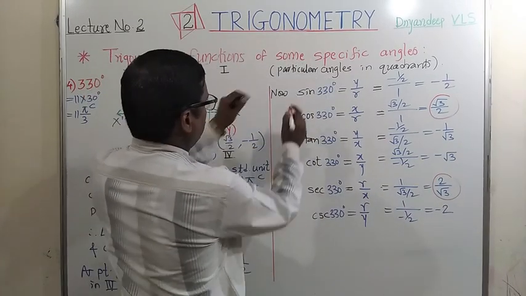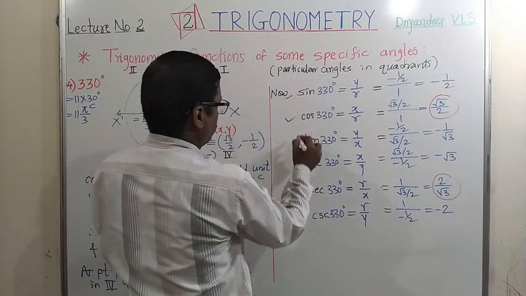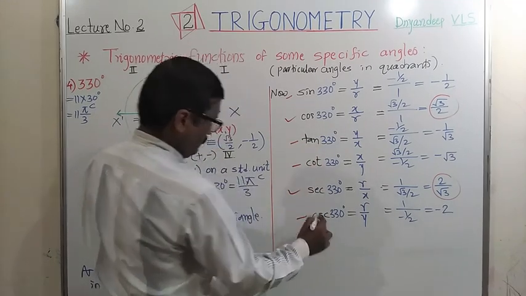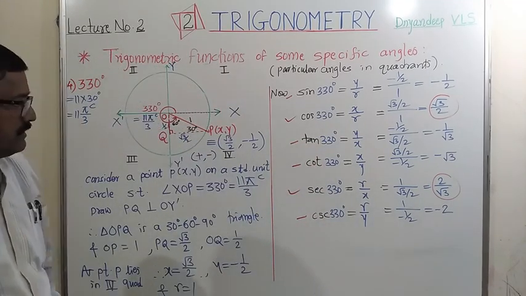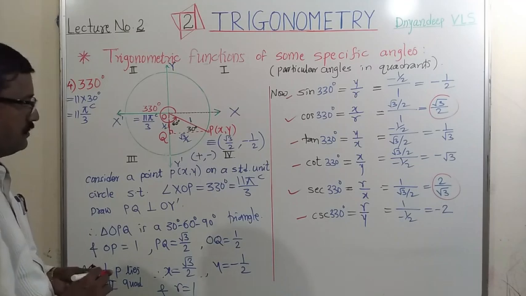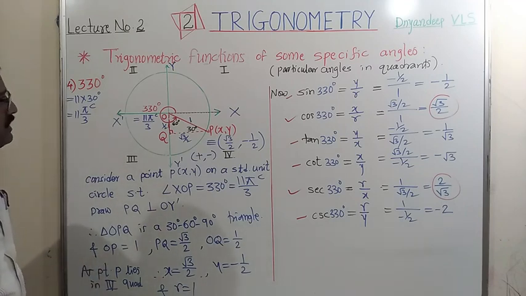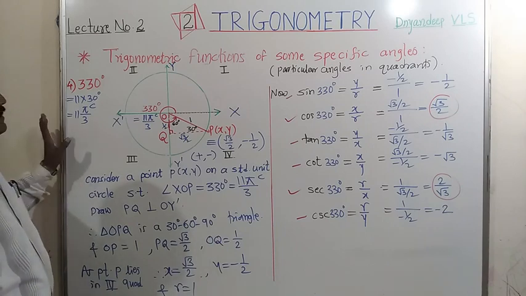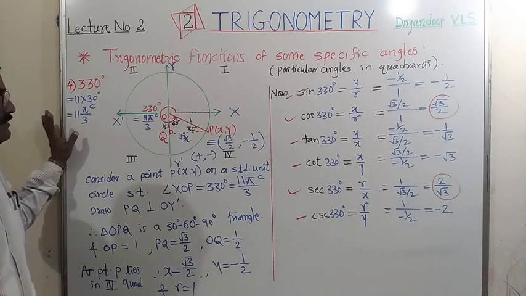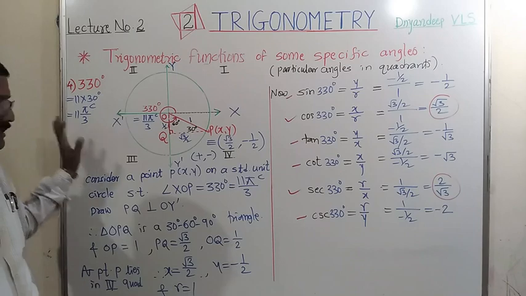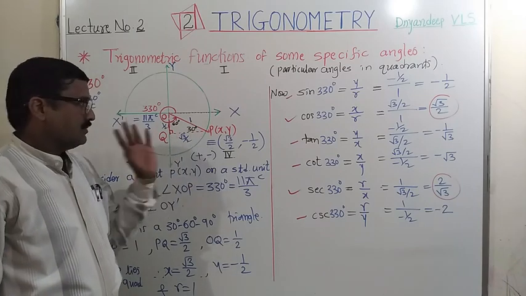So it is also verified here. In a similar way, we have found the trigonometric functions of one angle, 330 degree, which lies in the fourth quadrant.